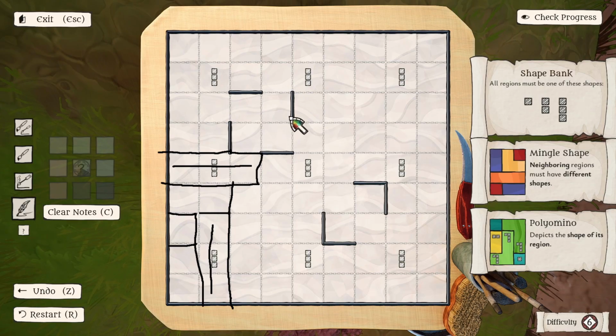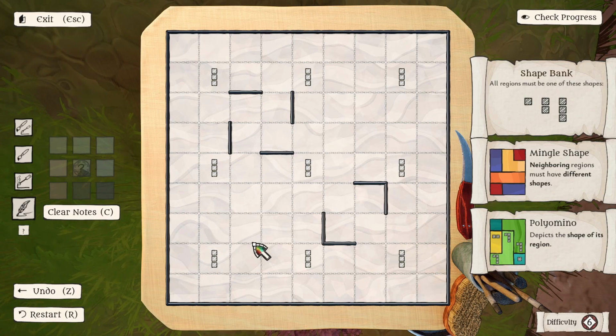Okay. It could be that some shape is going to have to stick in. Well. How do I even start this one?